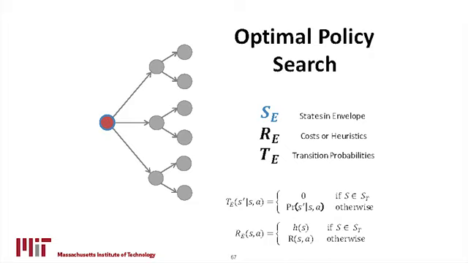What's important here is that our reward function and our transition probabilities are slightly altered to account for the fact that we haven't explored the entire state space yet. We see here that if a node is an S_T, in other words, it's one of those terminal nodes, we're going to say we can't transition out of it because we don't know what's beyond it so far. And we're going to set its reward to be a heuristic, whatever we think that the reward is going to be when we begin to explore it and go further.